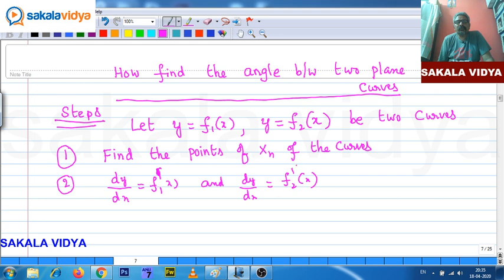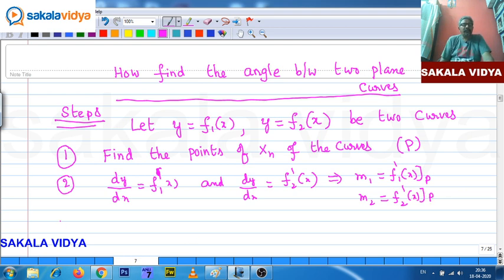Next, find the slopes at the points of intersection. For example, the point of intersection is P. So, now find m1, that is f1 dash x at P, and find the slope of the tangent to the second curve, f2 dash at P.